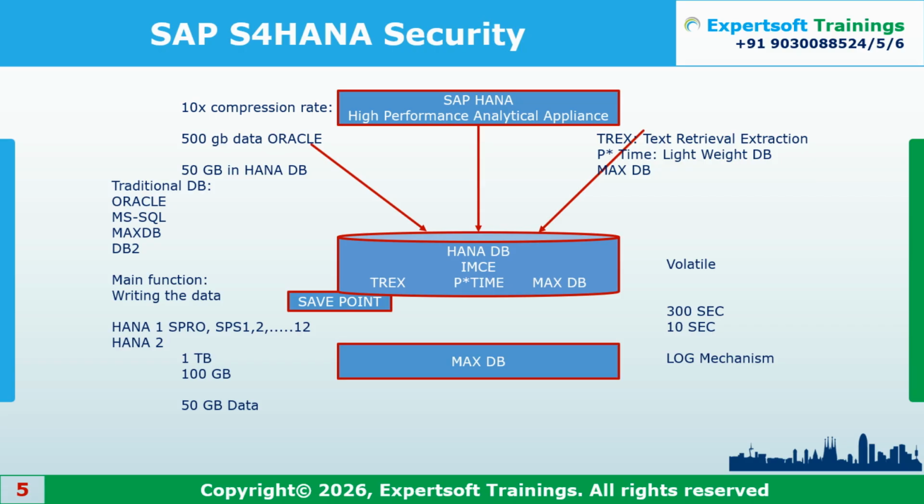So how many times is it compressing the data? 10 times. That is the minimum. Maximum 18, but minimum 10.